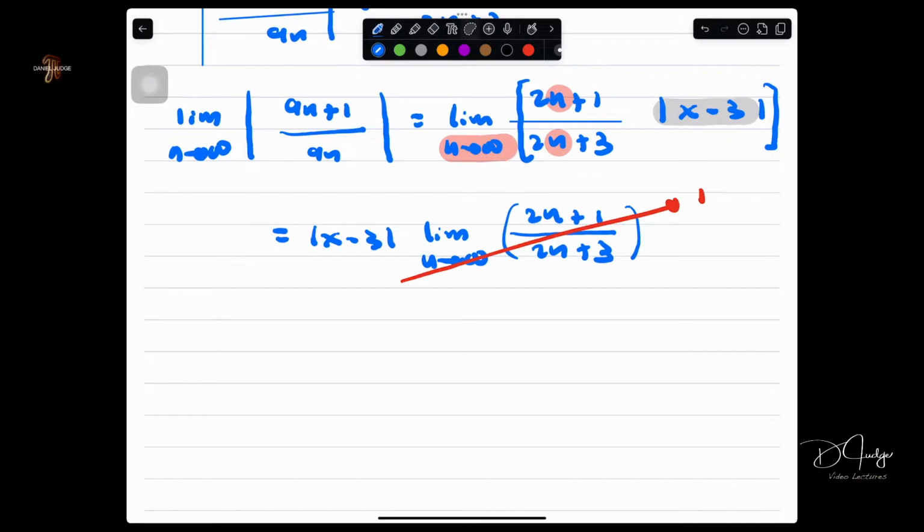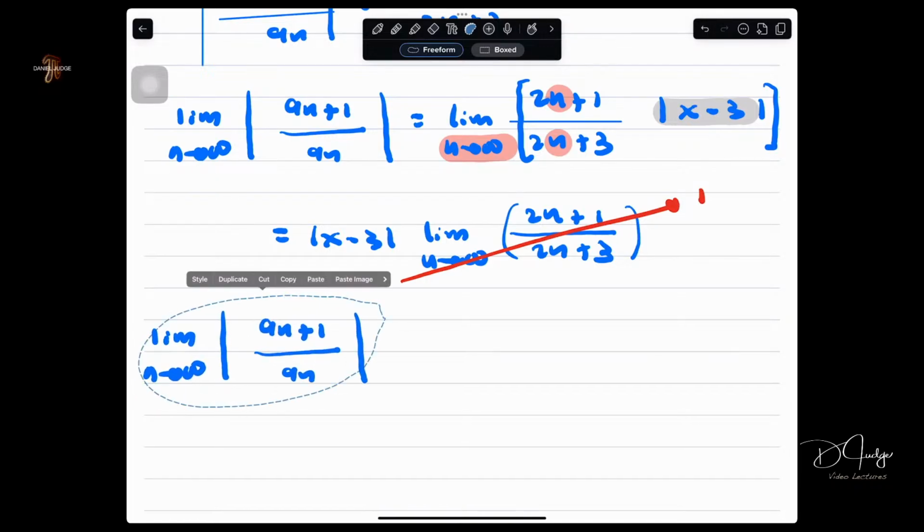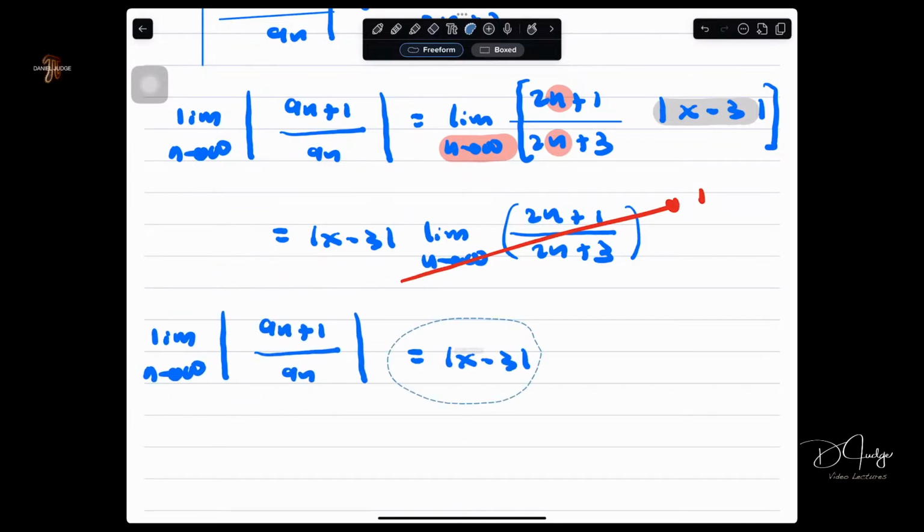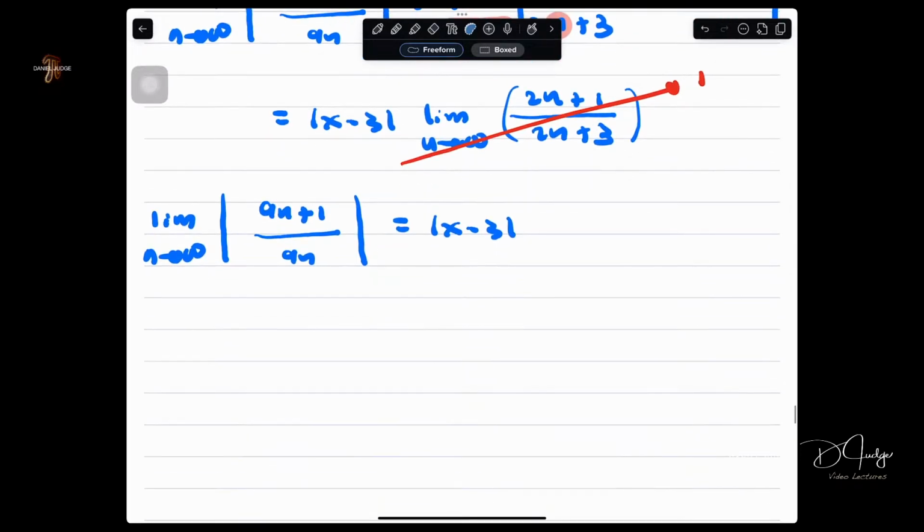So writing everything down again, I want to emphasize the ratio test. In order to have convergence, this limit needs to be less than 1. What we're saying is the absolute value of x minus 3 has to be less than 1 for convergence.